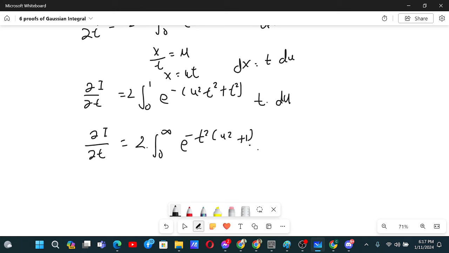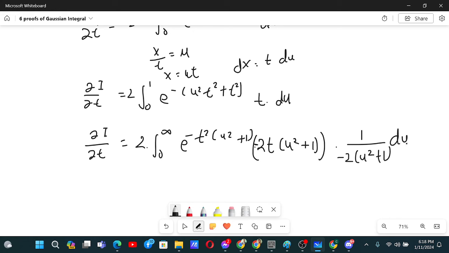Now if we try to make it something like 2t times minus 2t times (u squared plus 1), if we write this over there, and then write it as the product, after this we need to write 1 by what we have just written, minus 2 times (u squared plus 1) du.